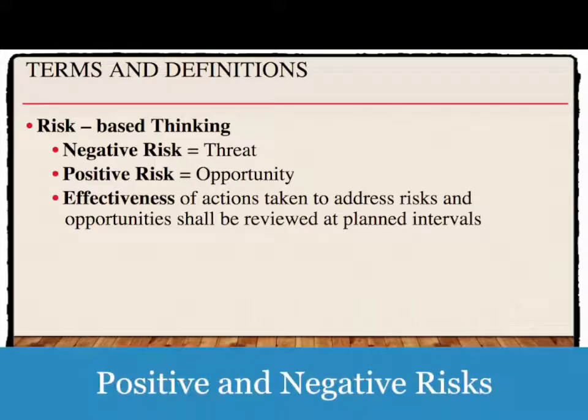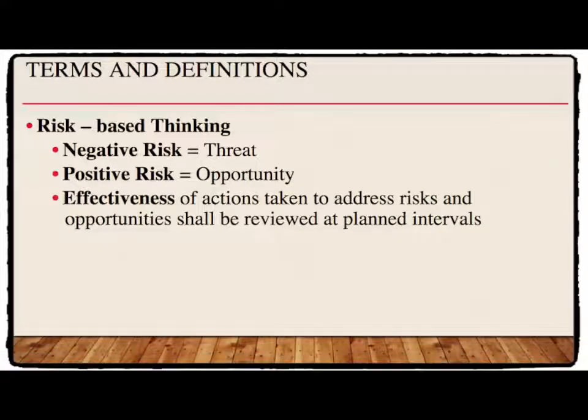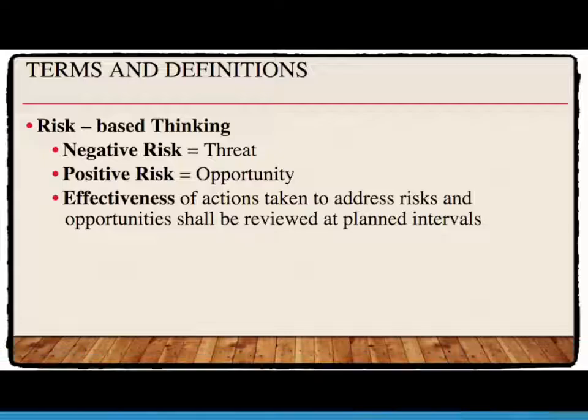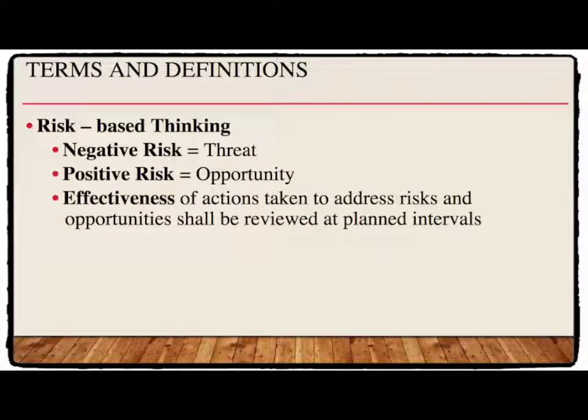Risk is uncertainty. There are negative risks, which are threats to the organization. There are also positive risks, and those are thought of as opportunities for the organization. Both negative and positive risks should be mitigated.